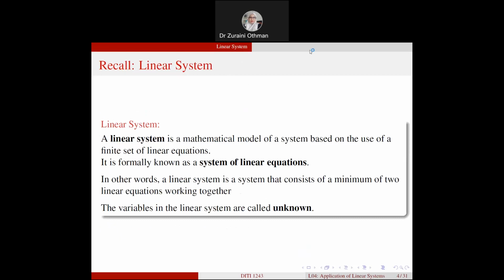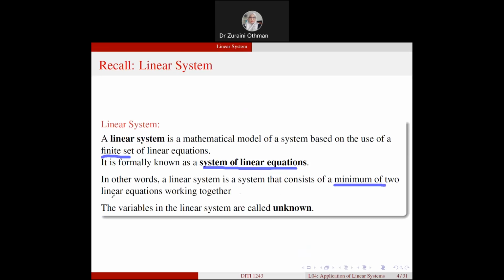Okay, here we can see that it is finite, meaning that kita boleh kira ada berapa persamaan dekat situ. And it is formally known as a system of linear equations, meaning that dia ada lebih daripada satu linear equation, we call it a system of linear equations. In other words, a linear system is a system that consists of a minimum of two linear equations working together.